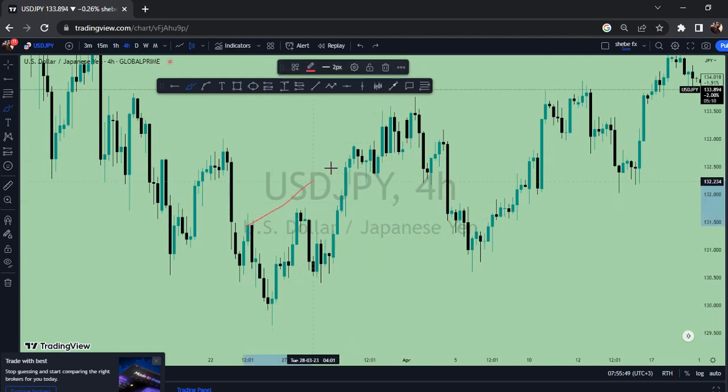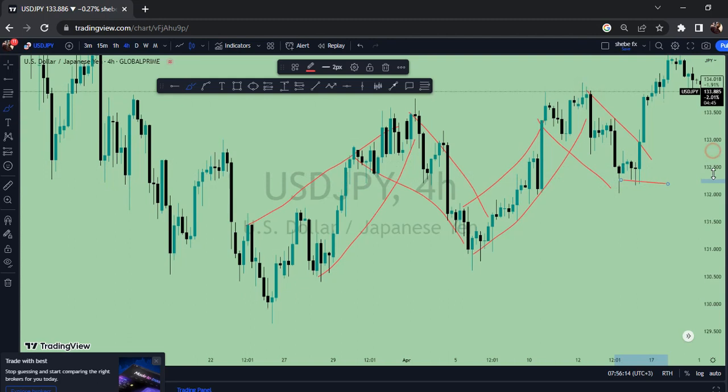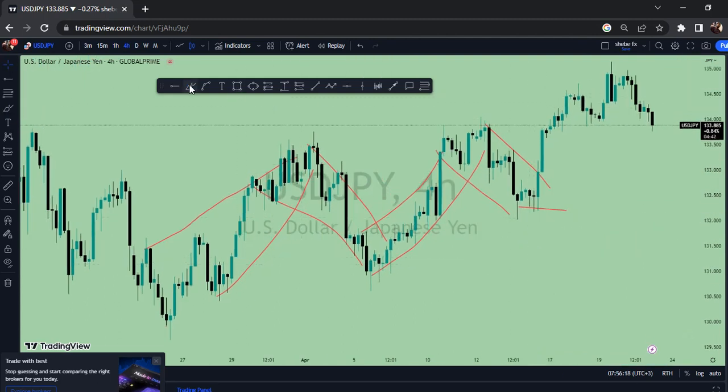From this point, all this you see was the impulsive phase. What followed was the correction phase. After the correction phase, what continued was the continuation phase. After the continuation phase, the liquidation phase happened. After the liquidation phase, it was another continuation phase. Like you see here, this was another continuation phase.